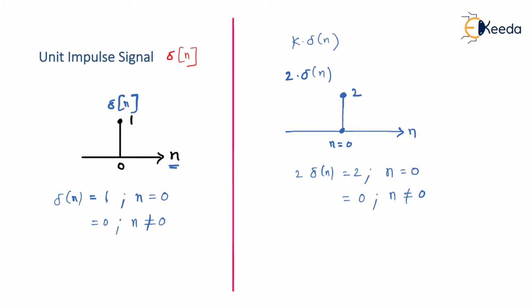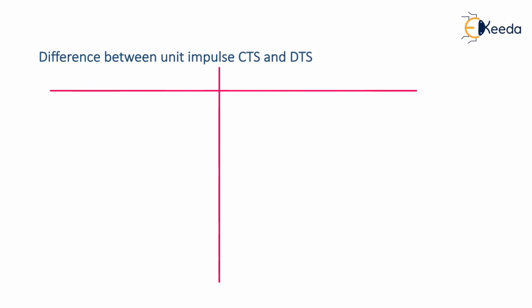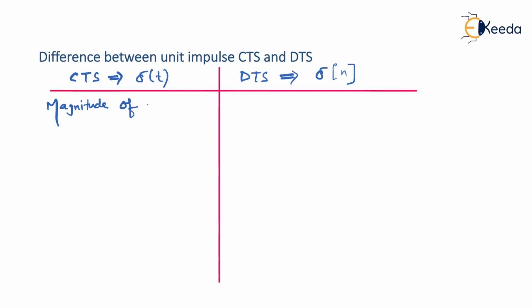Now we will see what the differences are between them. Here we are going to see the difference between the unit impulse continuous time signal and the discrete time signal. I'll talk about the continuous time signal here, where unit impulse is designated as del of t, and in discrete time signal, unit impulse signal is designated as del of n. Remember, the magnitude of del of t at t equal to 0 is infinity.